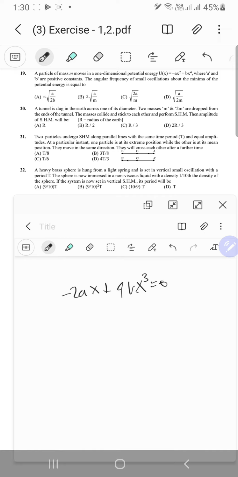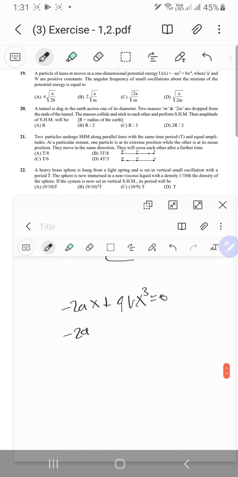So x equal to 0 gives potential energy as 0. The other thing we can do is cancel these x's, so it's minus 2a plus 4b x squared equal to 0. So x squared equals a upon 2b.